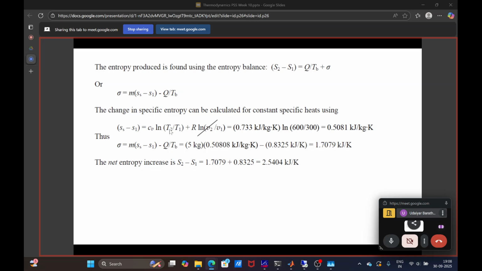So substituting the temperatures, we get the entropy change in the system as 0.5081 kilojoule per kg Kelvin, and we have found out the entropy transfer, which is 0.8325. So the entropy generated comes out to be 1.7079 kilojoule per kg Kelvin.